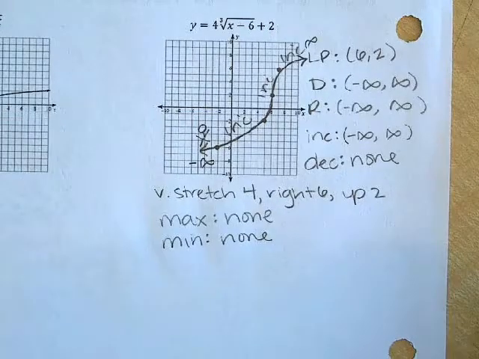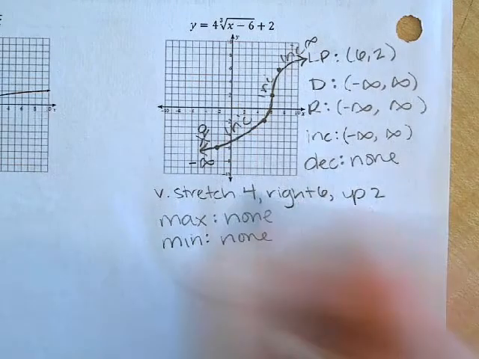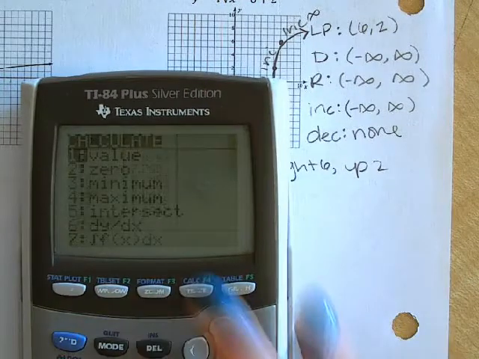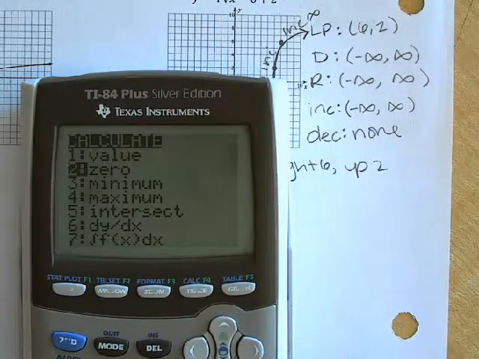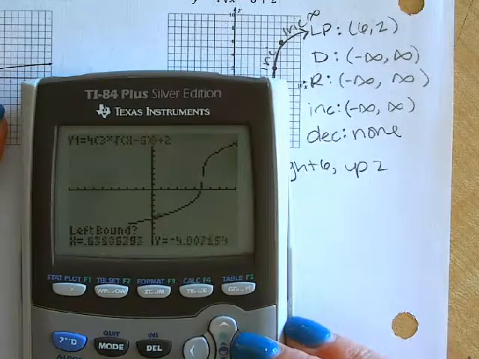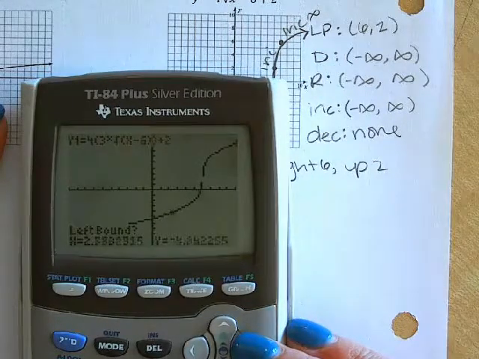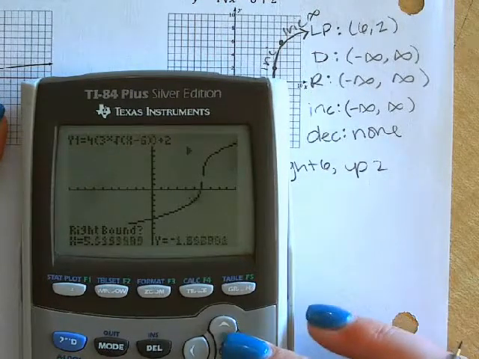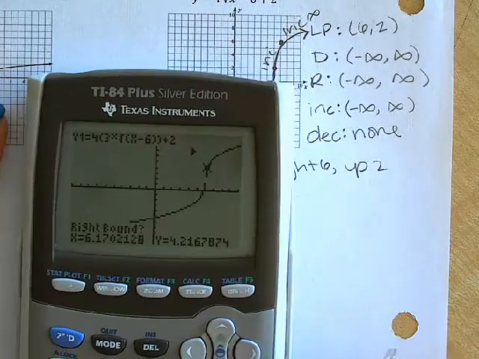Okay, what else do we find? Okay, x-intercept, y-intercept. So I've got second trace, option number 2 to get the x-intercept. So I've got my left bound and my right bound.